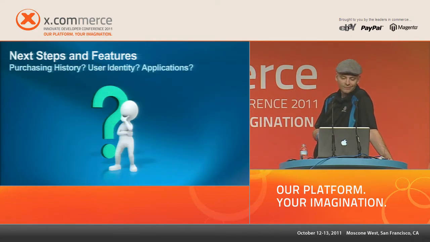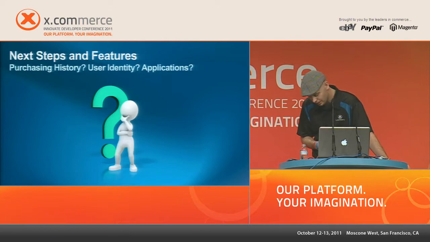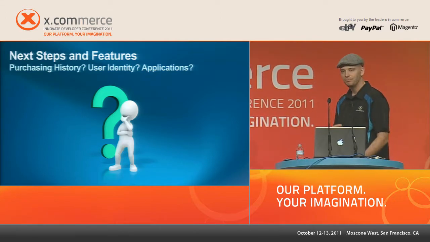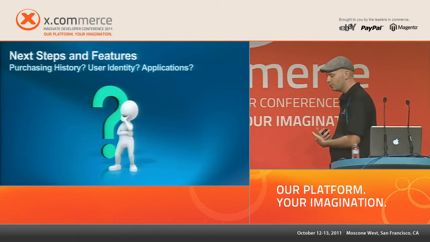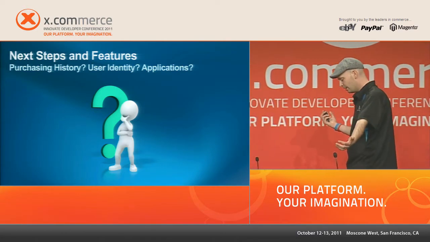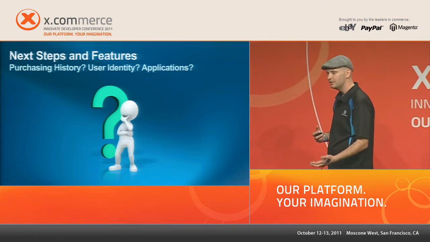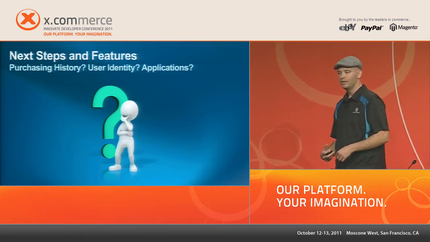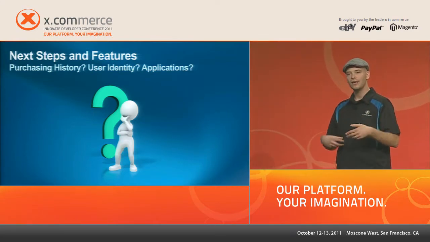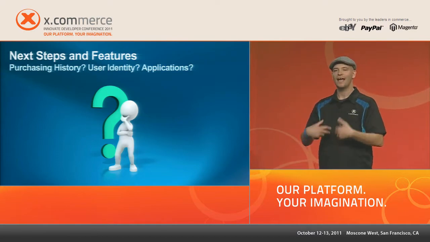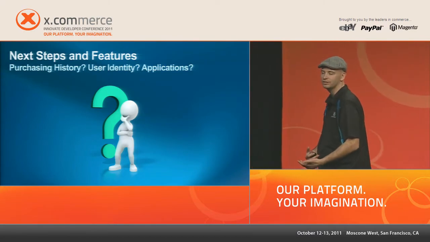And then we're asking ourselves a lot of questions around building off that purchasing history. So what can you do? You can build a trust rating. You can use the purchasing history to see a user's trends and how they've been as a consumer or a merchant.